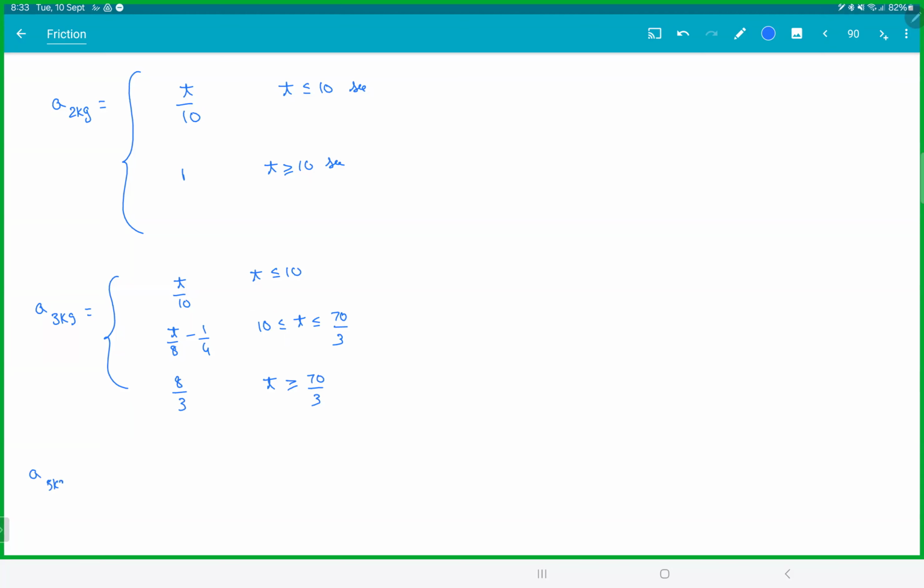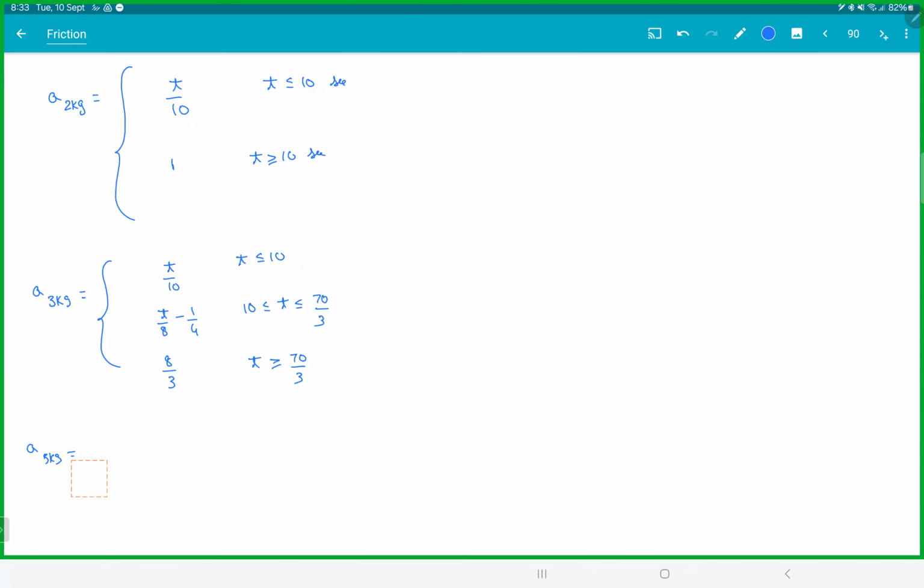Then acceleration of 5 kg is T by 10 for T less than 10.